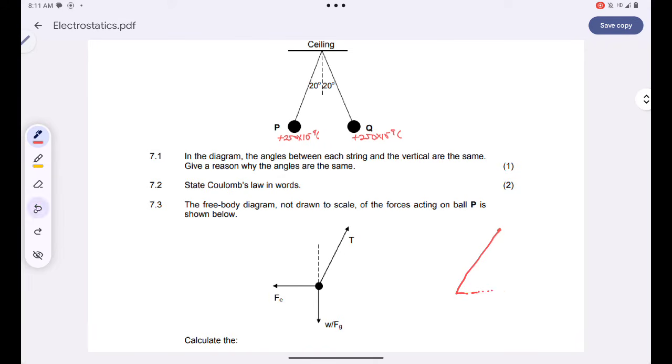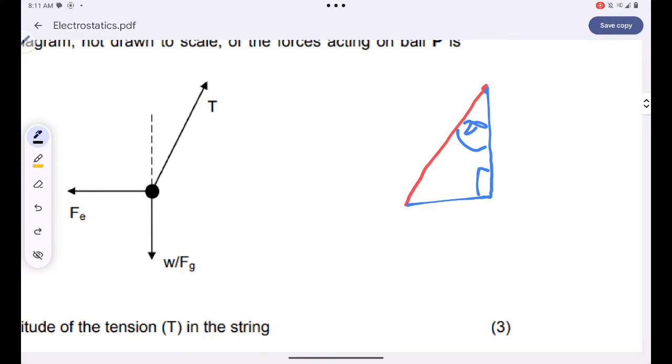Let me draw the horizontal component in a different color. If my angle is right here, that's 20 degrees. Remember that, guys, that's my tension. This is my horizontal component, Tx, and vertical component, Ty.